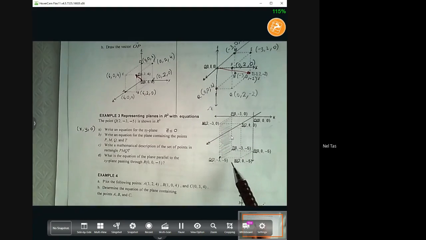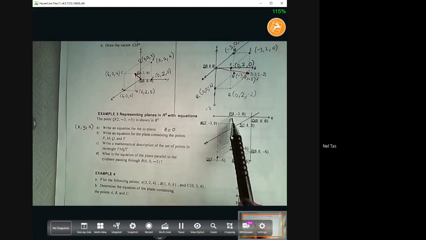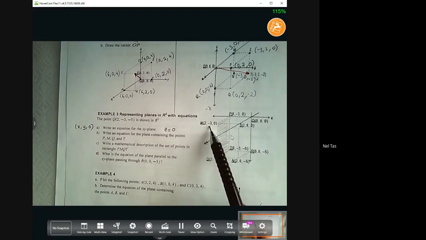So how can we write the equation of that plane? Let's pay attention to the coordinates of those 4 points: (0, -3, 0), (2, -3, 0), (2, -3, -5), and (0, -3, -5).